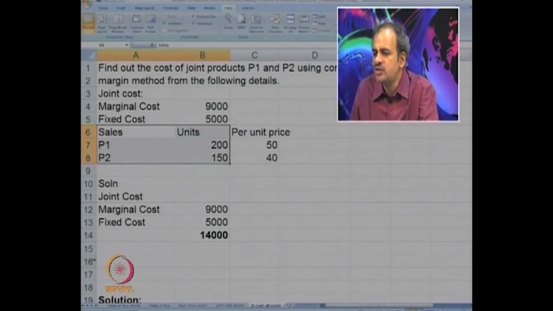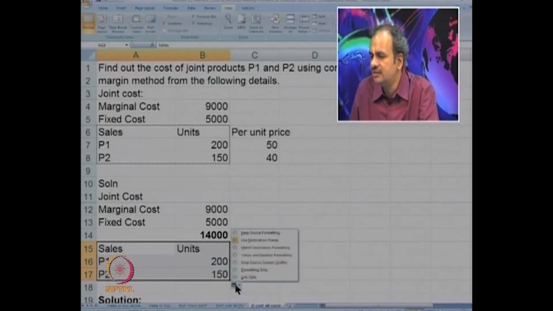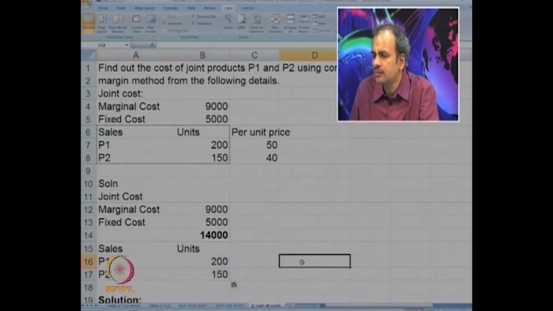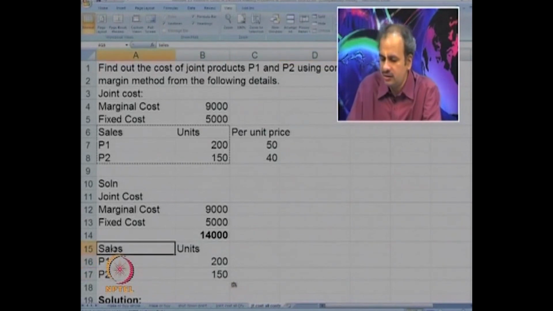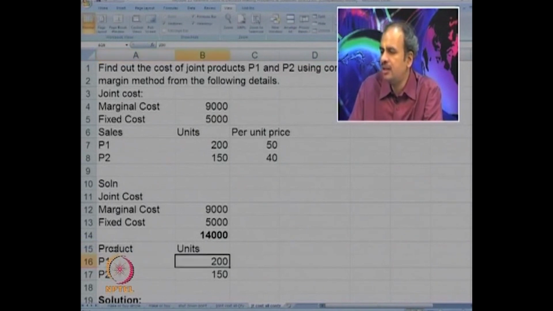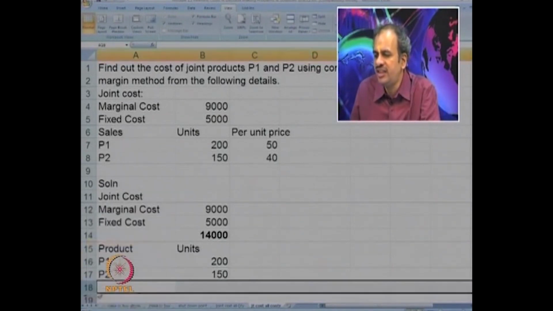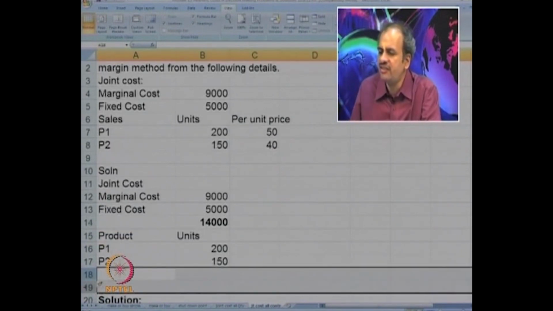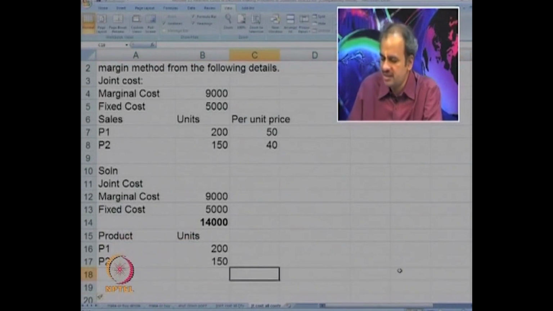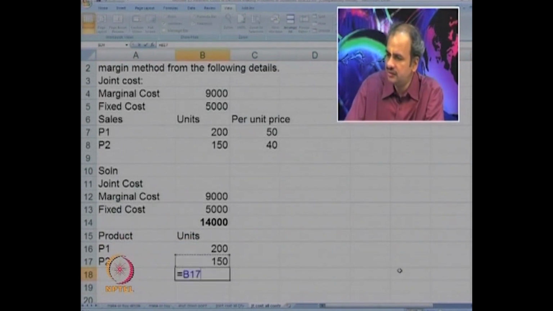So let us try to see what happens if we go by number of units. We know that for the product P1, the number of units is 200. For P2 it is 150. So the easiest way is to charge 14,000 on the basis of numbers.